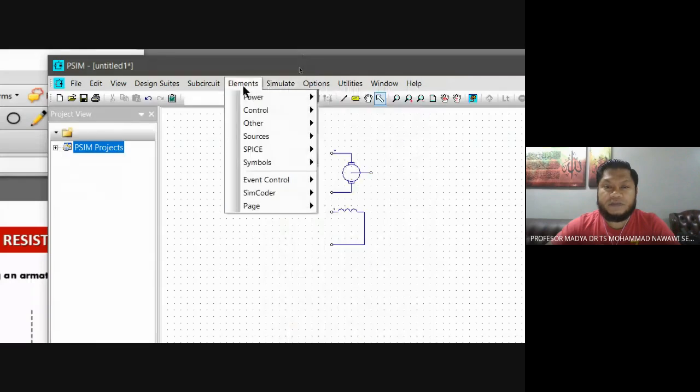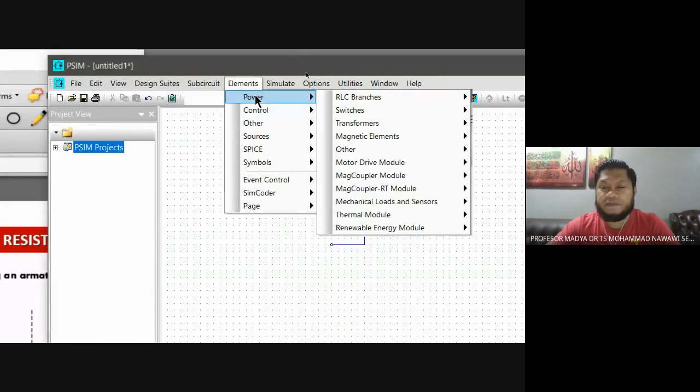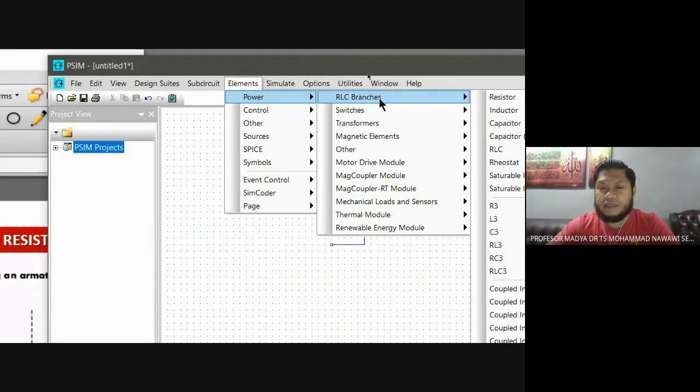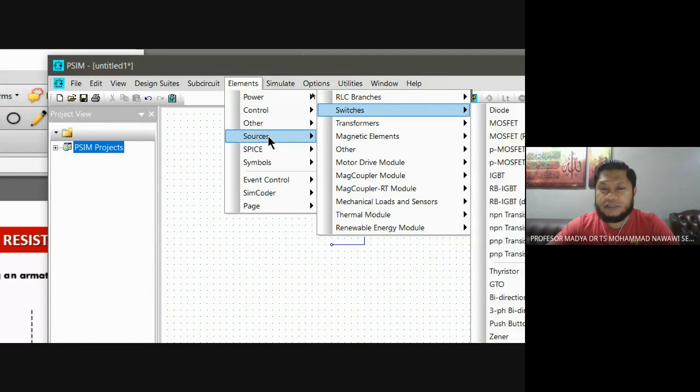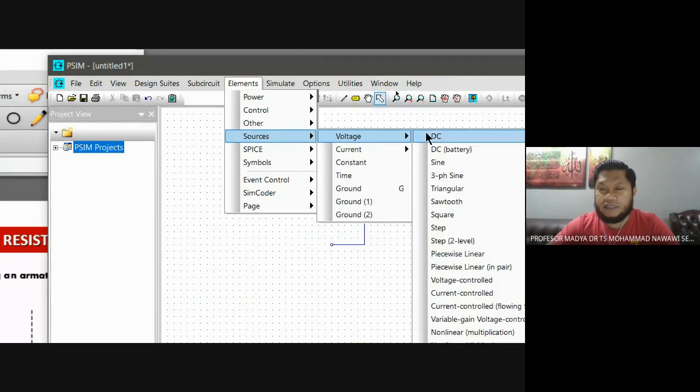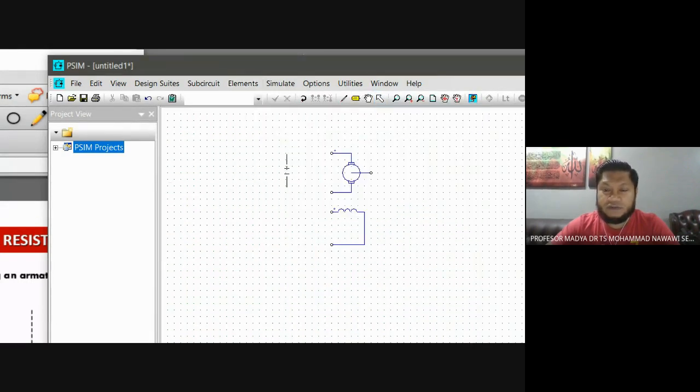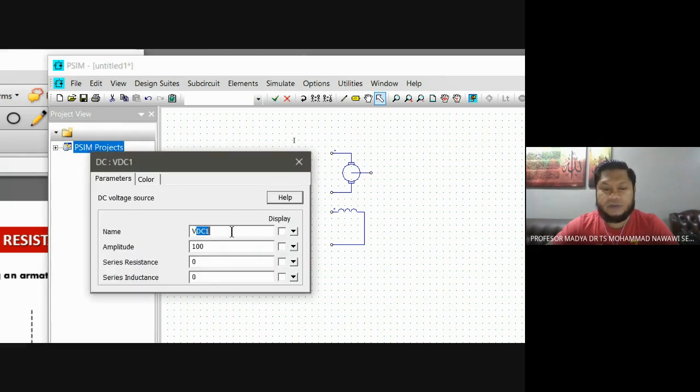Therefore, go to elements again, go to power, and then sources, voltage, and DC sources. We have two sources here. One, two there. Right, so let's change that to VT, and this is 120 volt.